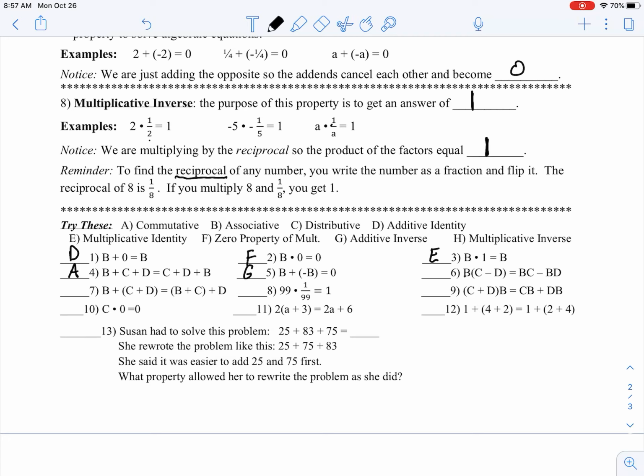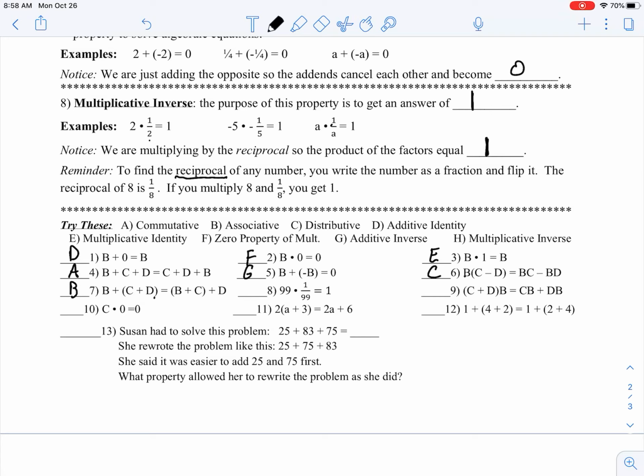We have to multiply b times both things in there, so that would be the distributive property. When we're adding things together, it doesn't matter how they're grouped, so that would be the associative property. These things hang out together and it doesn't matter how they're ordered.